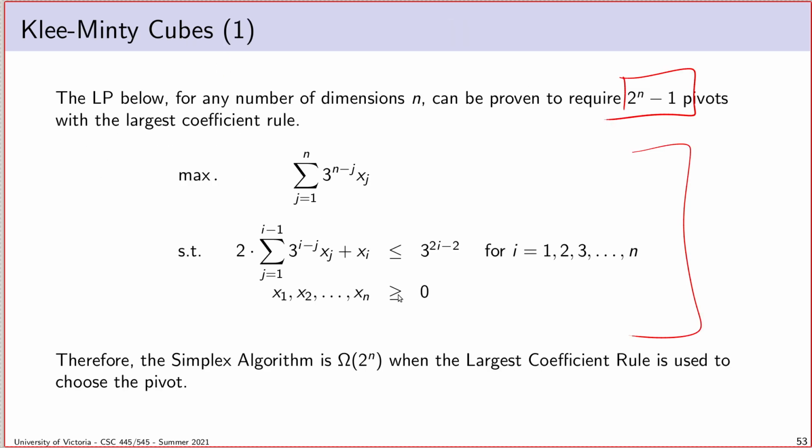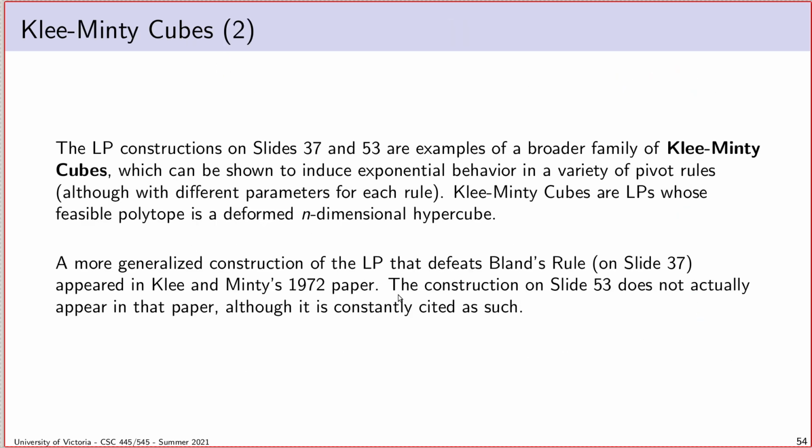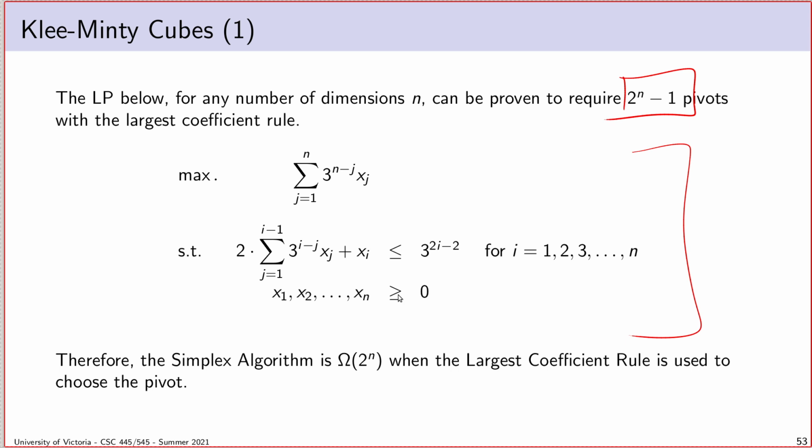There is something close to the Bland's rule construction in Klee-Minty's paper, but stated in a much more formal way. The construction here for the largest coefficient rule doesn't seem to appear directly in their paper, although it's reasonably clear that their paper does prove the largest coefficient rule could require an exponential number of steps.